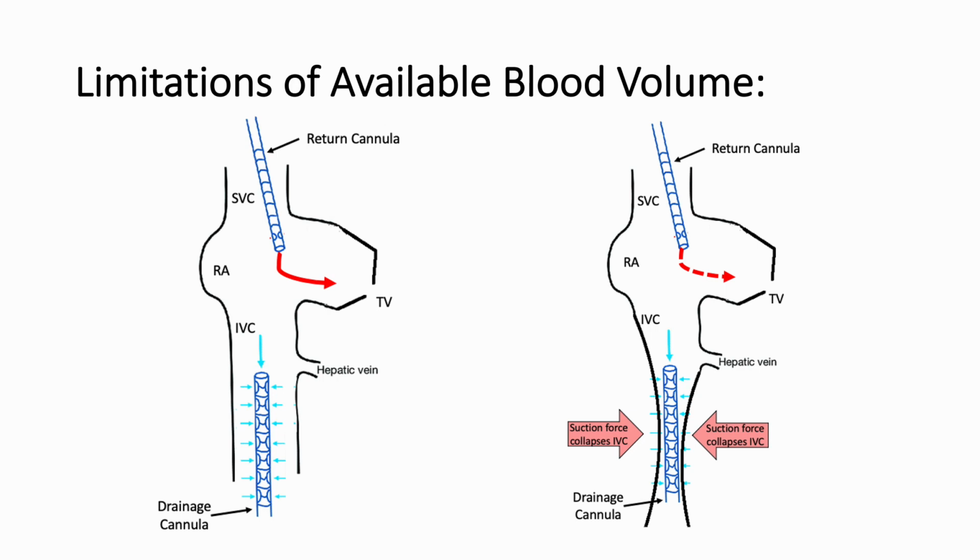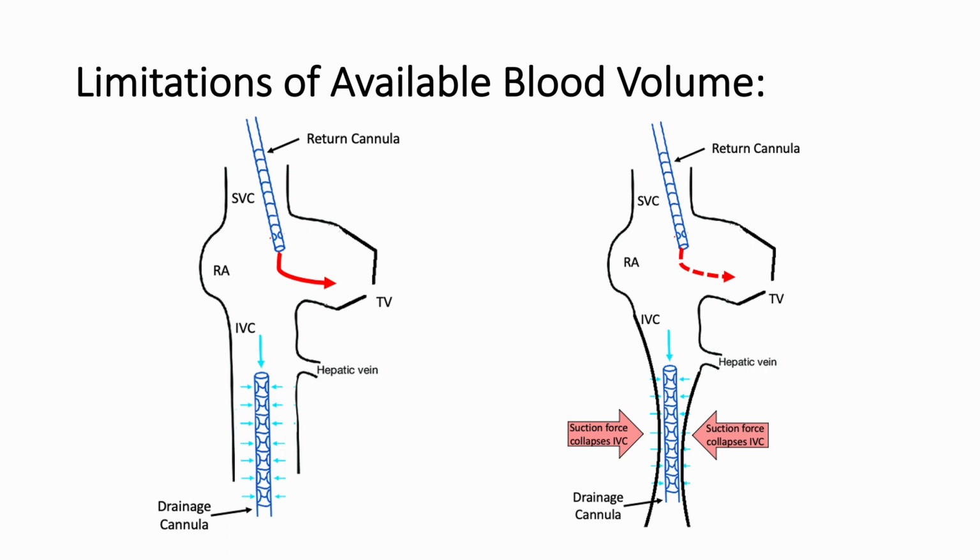If the amount of blood being drained through the drainage cannula approaches the amount of blood being returned through the native circulation, the total volume of blood in the IVC will fall, and as a result, so will the diameter of the IVC. Below a certain diameter, the walls of the IVC can intermittently collapse and occlude the holes of the drainage cannula, resulting in a visual vibration of the VV-ECMO tubing termed chatter, or chugging in some institutions.